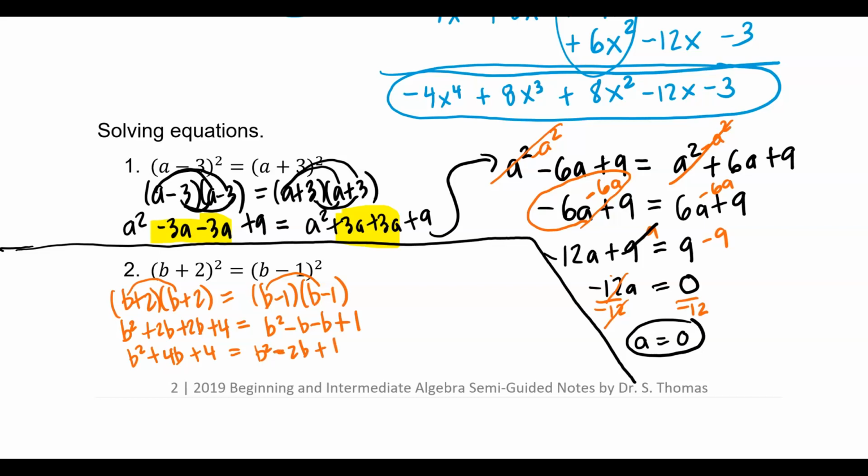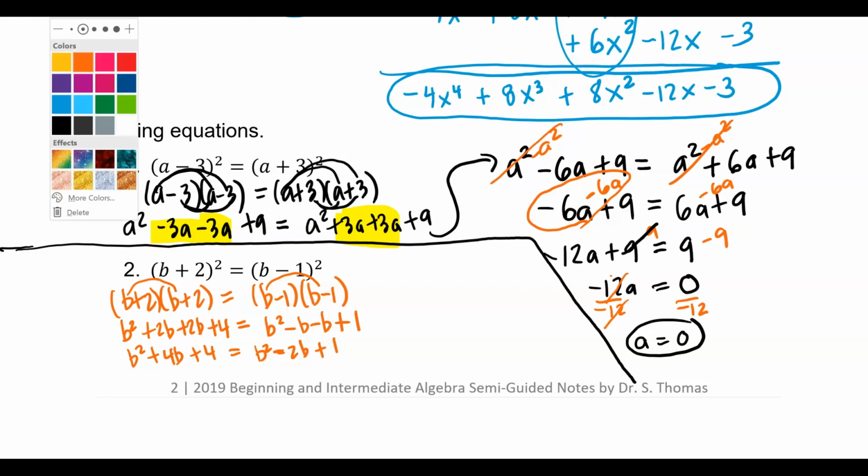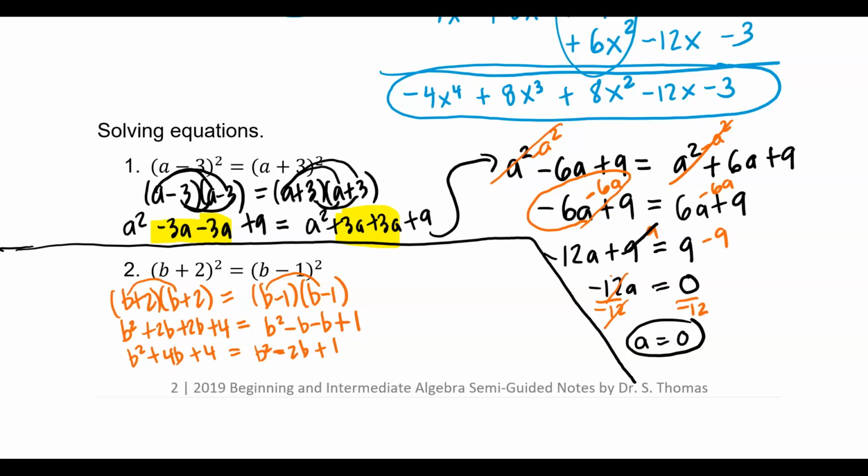Now our goal is to get our like terms together and get our variable on one side and everything else on the other side. But notice, let's go ahead and get rid of that b squared. So if I subtract b squared, notice my b squareds go away. Now we simply have 4b plus 4 on the left side and negative 2b plus 1 on the right side.